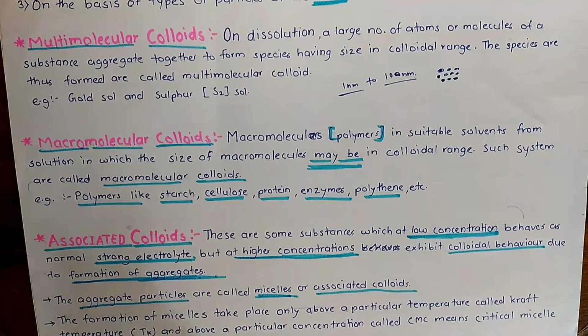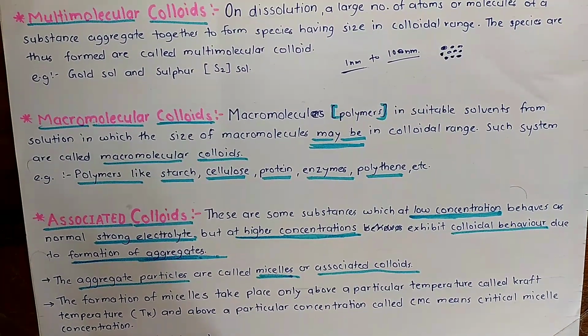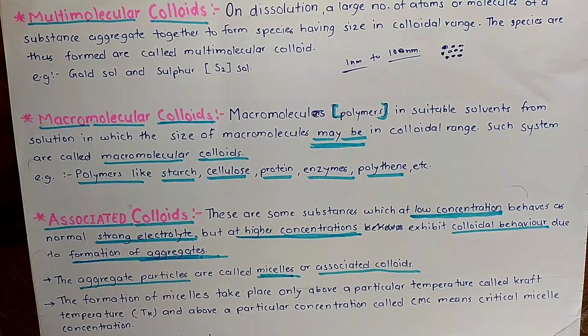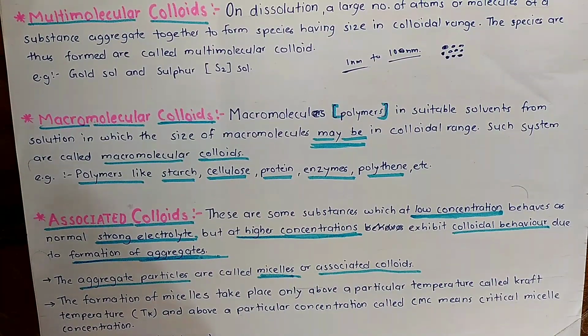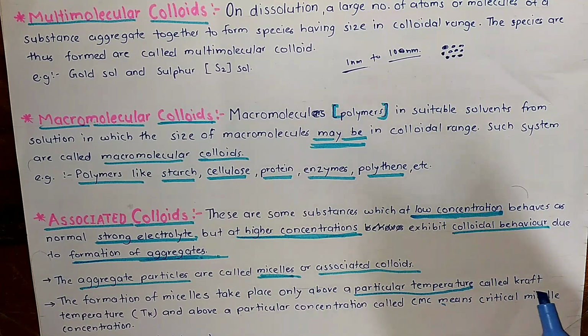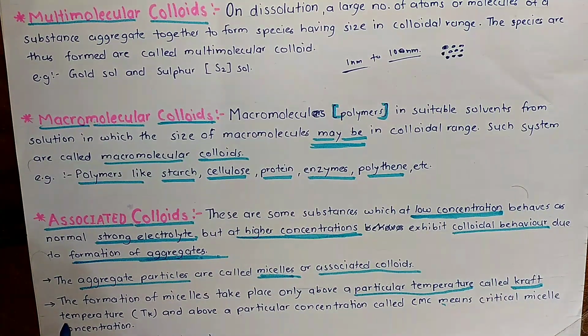And the third point in associated colloids is that the formation of micelles takes place only above a particular temperature. That temperature is called the Kraft temperature, and above a particular concentration called CMC, means critical micelle concentration.